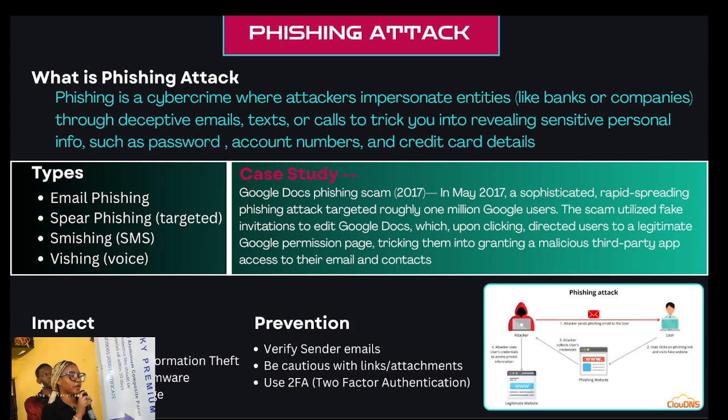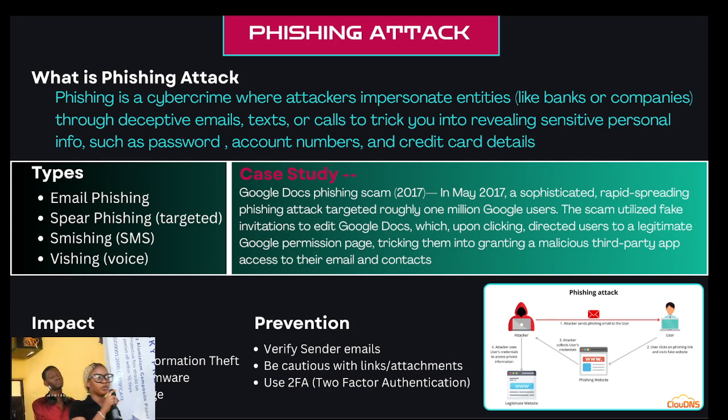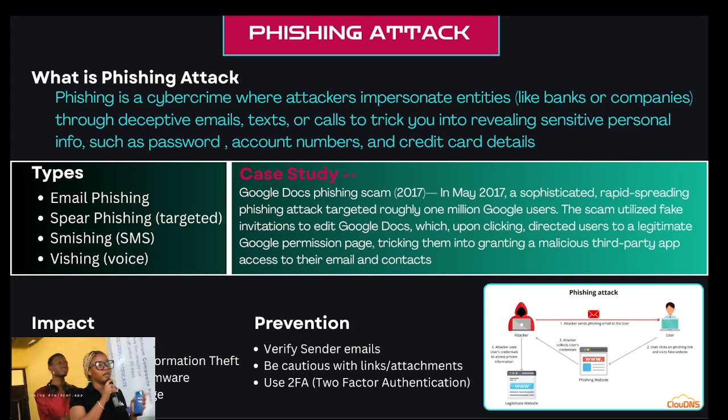The case study was the Google Docs phishing scam that happened in 2017. In May 2017, a sophisticated, rapidly spreading phishing attack targeted roughly 1 million Google users. The scam utilized fake invitations to edit Google Docs, which upon clicking directed users to a legitimate Google permission page, tricking them into granting a malicious third-party app access to their emails or contacts.